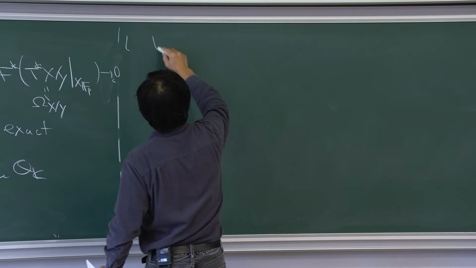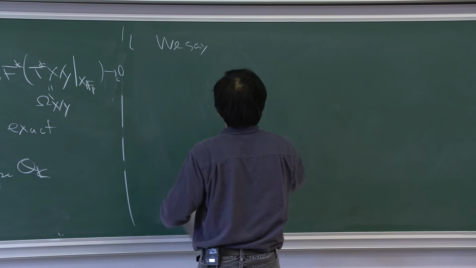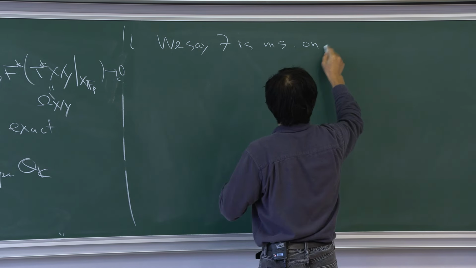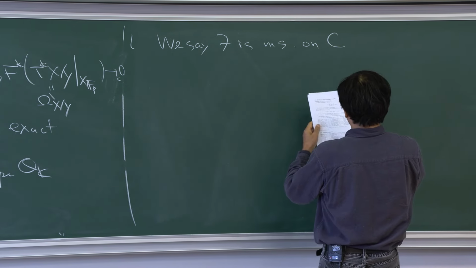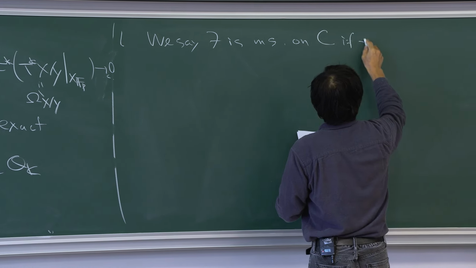Then we say F is micro supported on C if the following condition is satisfied.